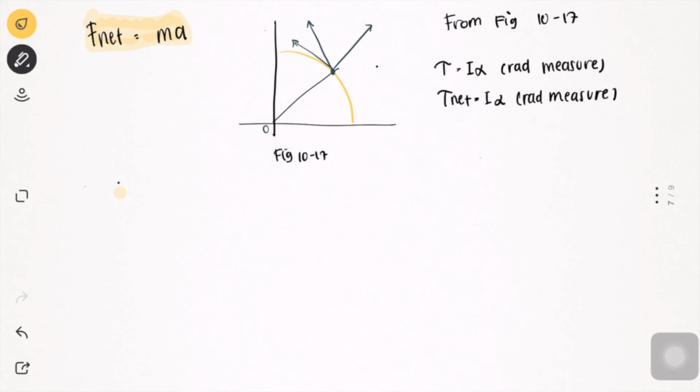A simple rigid body free to rotate about an axis through O consists of a particle of mass m fastened to the end of a rod of length r and negligible mass. An applied force F causes the body to rotate: torque net equals I times alpha.